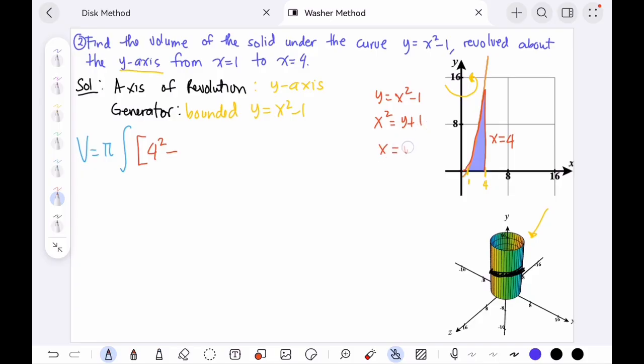So x is square root of y plus 1. So let's replace that here. Square root of y plus 1 square. Integrate with respect to y. And as you can see, our y ranges from 0 until 15. So this is 0 to 15.